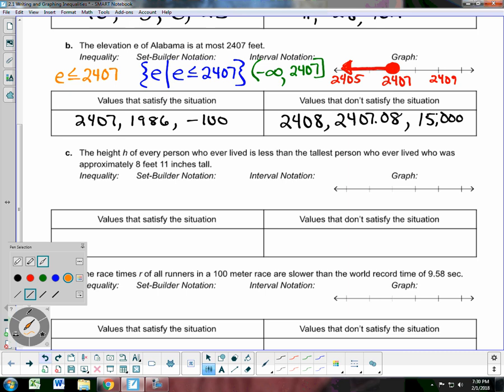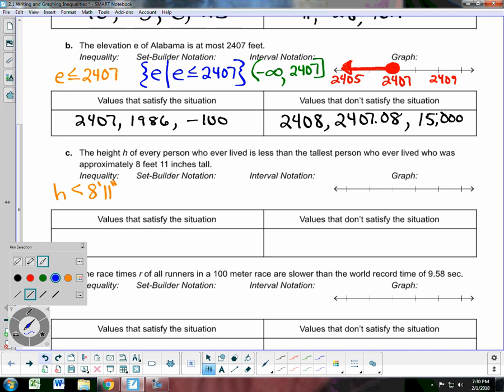Well, they're all shorter, right? So the height h is going to be less than 8 foot 11, and the way you can write that is 8 with a little 1 dash, 11 with 2 dashes. So nobody else can be equal to that height. So everybody else is less than that height.